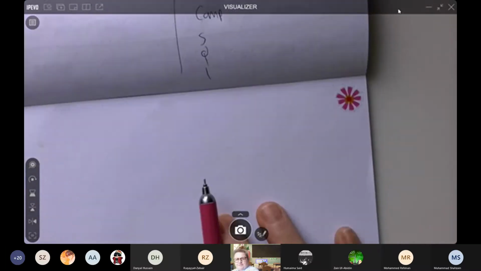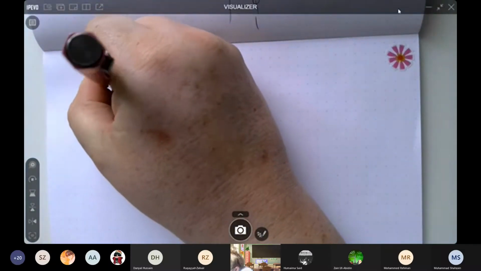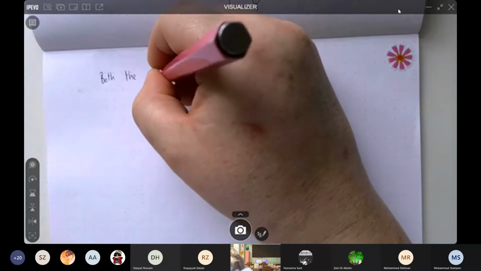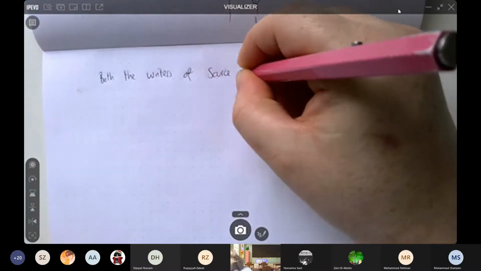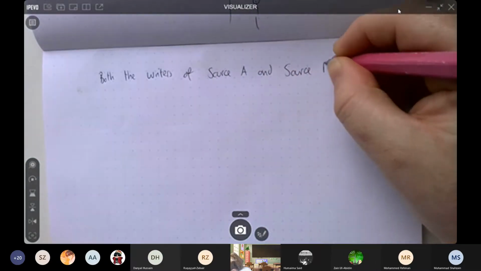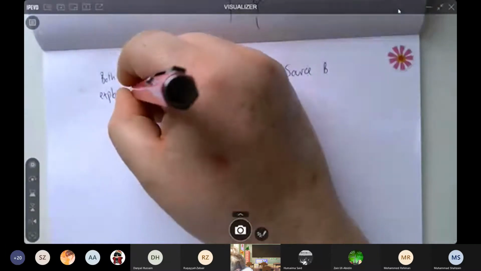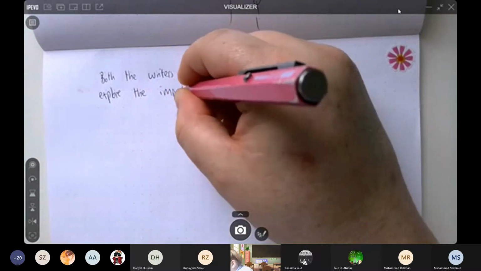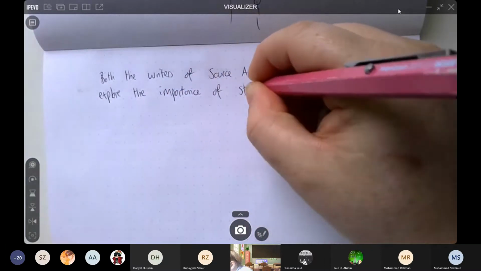Okay, so I'm going to think about that table, and I'm going to start by saying both the writers of source A and source B explore the importance of storytelling.